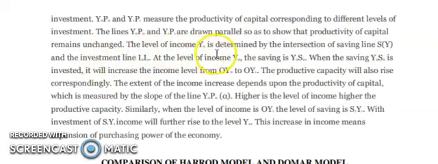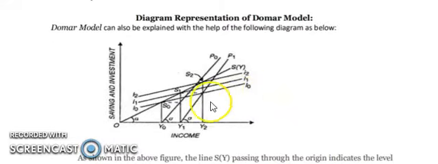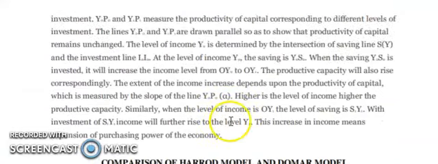The level of income Y0 is determined by the intersection of the saving line and the investment line I0. At the level of income Y0, the saving is Y0S0. When the saving Y0S0 is invested, it will increase the income from OY0 to OY1. That's the increase in income. The productive capacity will also rise correspondingly.